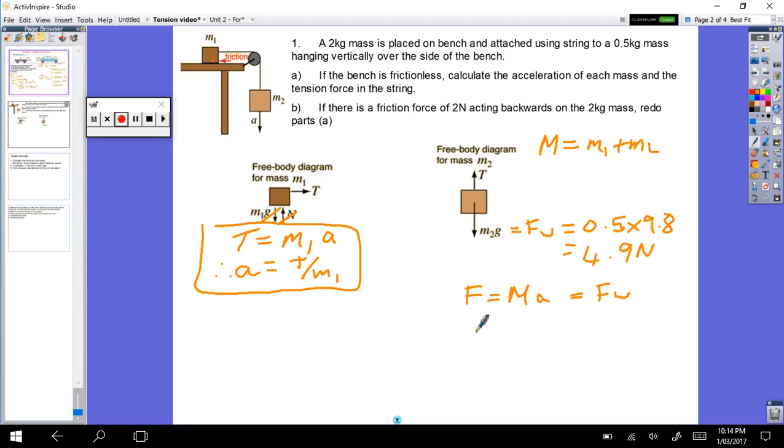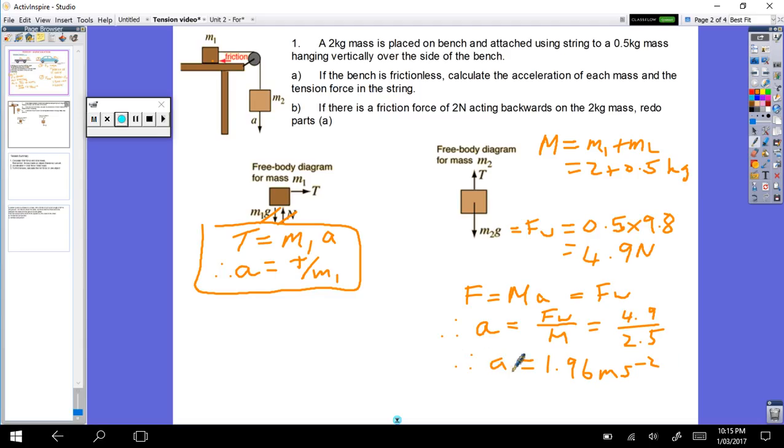So acceleration is going to be Fw over capital M, which equals 4.9 over 2.5, that's 2 plus 0.5 kilograms. This gives us an answer of 1.96 meters per second squared as our acceleration.